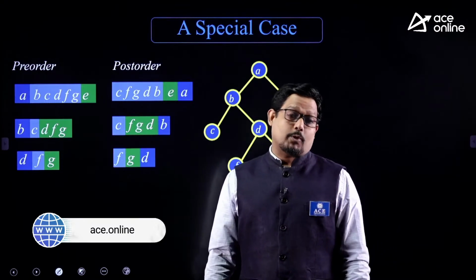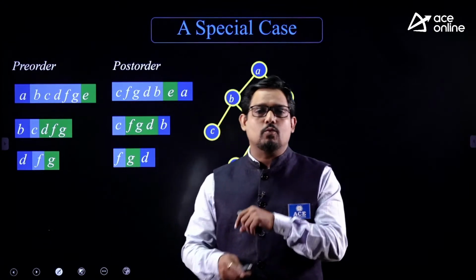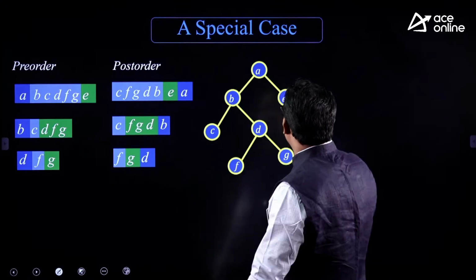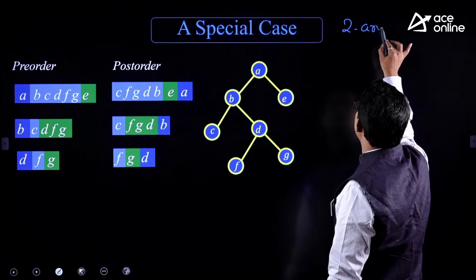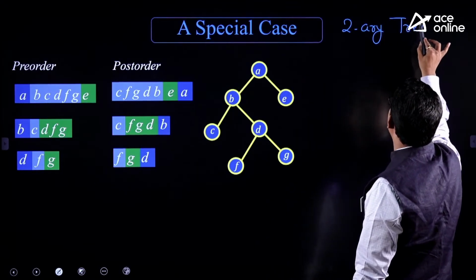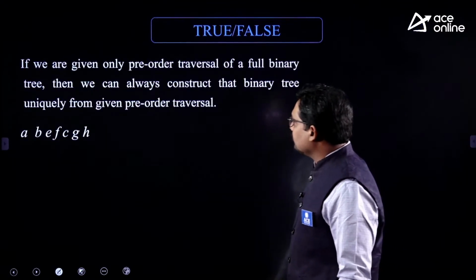And what property am I using? A special case. Remember, do not apply this everywhere, because it is only applicable when your given tree is a 2-ary tree. That is the only situation it is applicable.